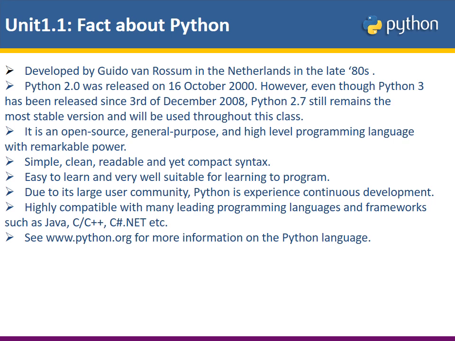Python is highly compatible with many leading programming languages and frameworks. When I say many leading programming languages, we have Java, C, C++, C sharp, C sharp .NET. Python is highly compatible with many of them.